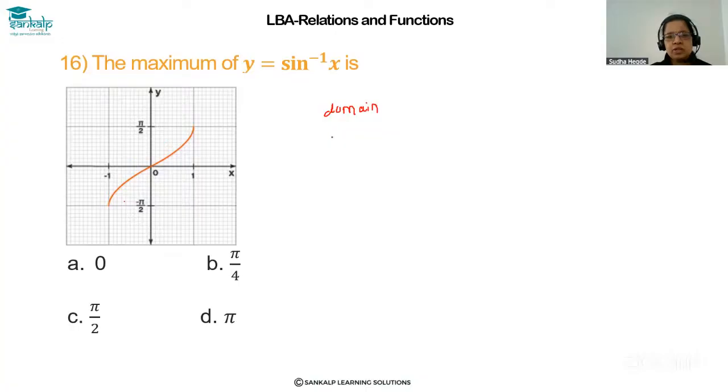The domain of sine inverse x is -1 to 1. Correct?